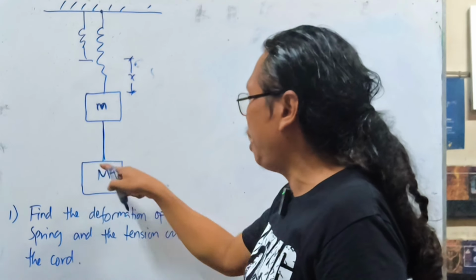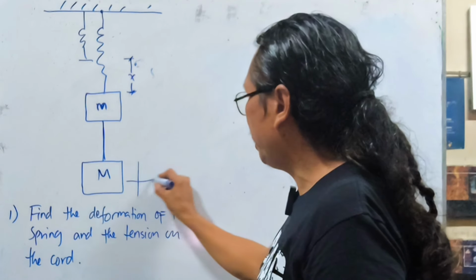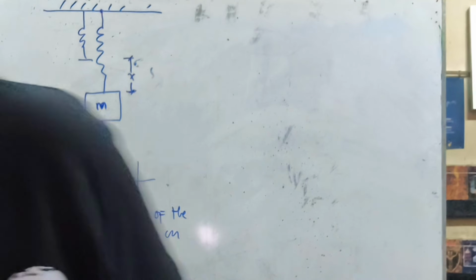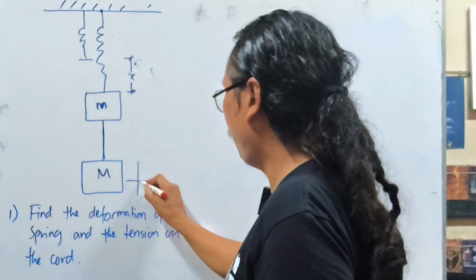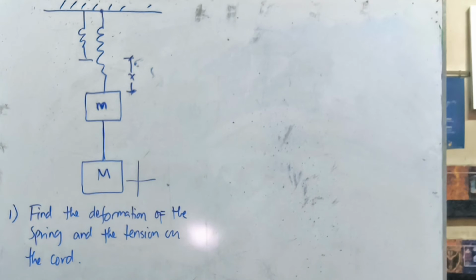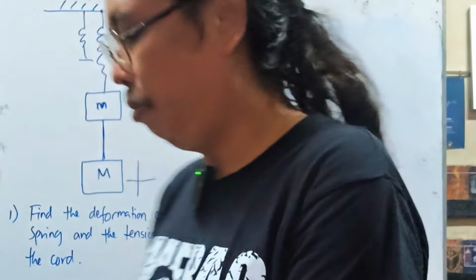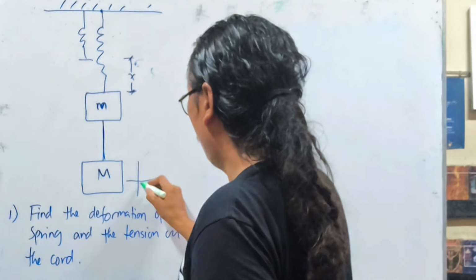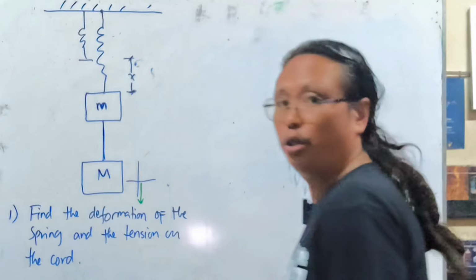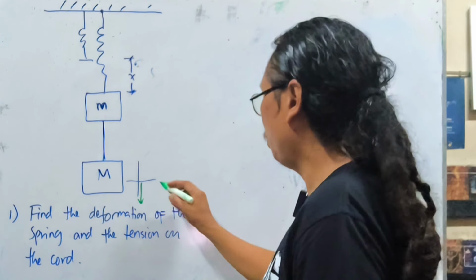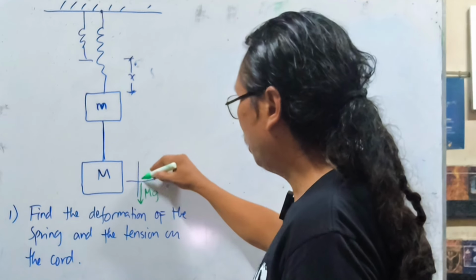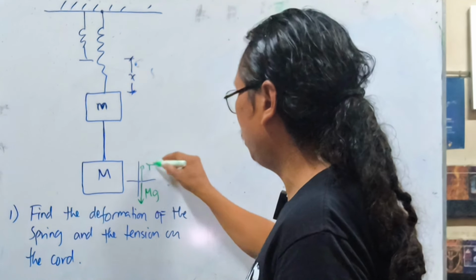So what only matters is this capital M. So when you put the free body diagram here, the green is the downward force, and that downward force is the weight of this block, which is capital Mg, and then the upward force would be the tension.